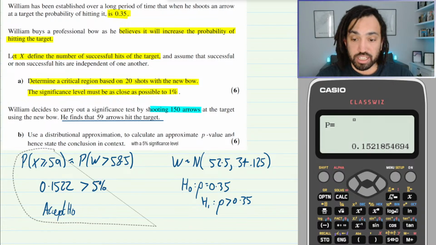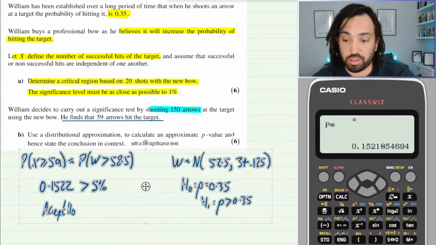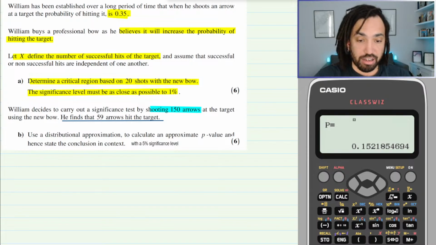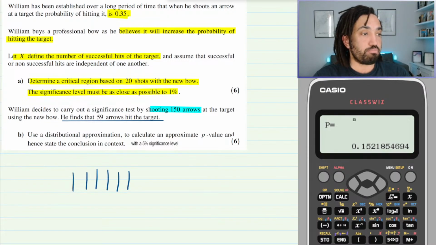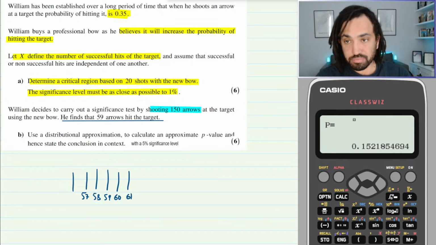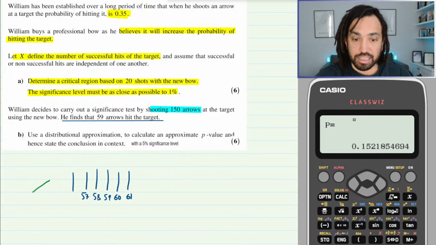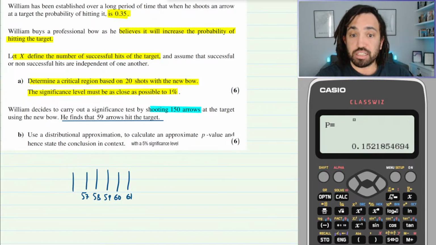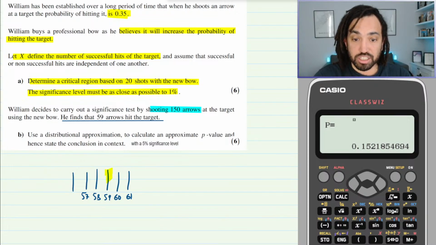The best way I can explain continuity correction is that in the binomial, you have all these probabilities. So you had like 57, 58, 59, 60, 61, for example. And then you wanted 59 or more. So you want all of these ones.